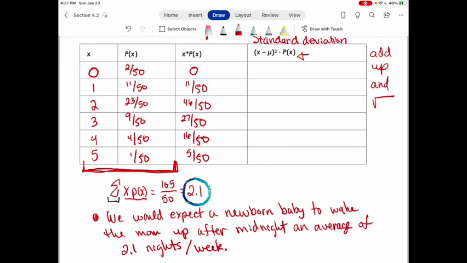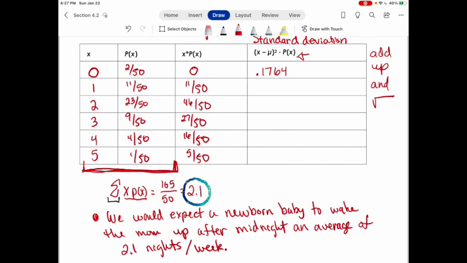Okay, so when I take 0, that's my value of my variable, looking at the first row, 0 minus 2.1, then I square that value, and then I multiply it by the corresponding probability, which would be 2 over 50. You would get 0.1764.